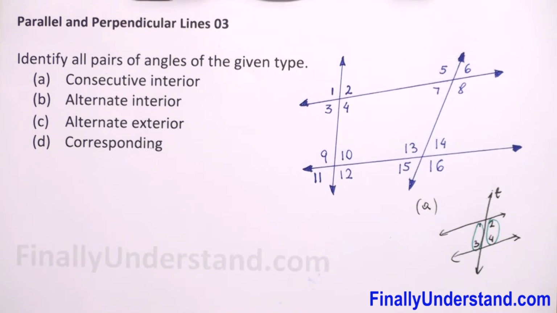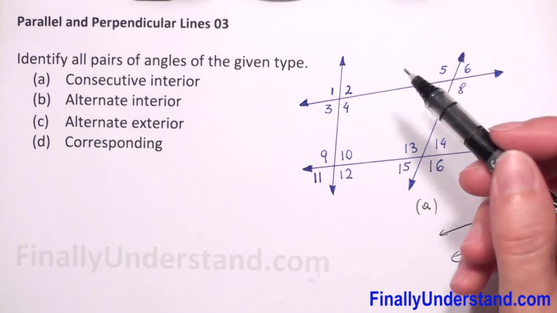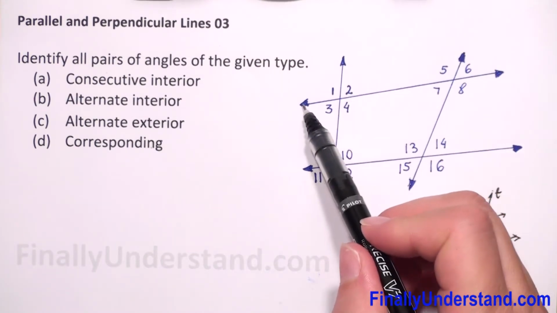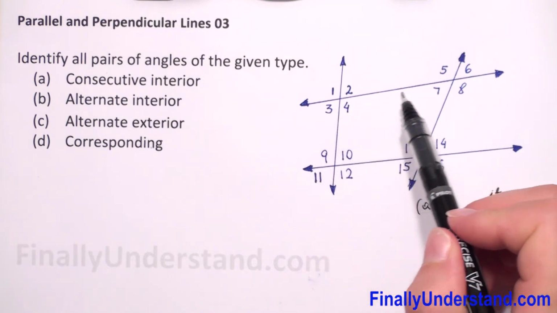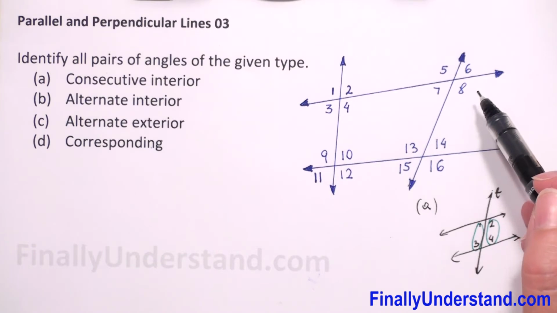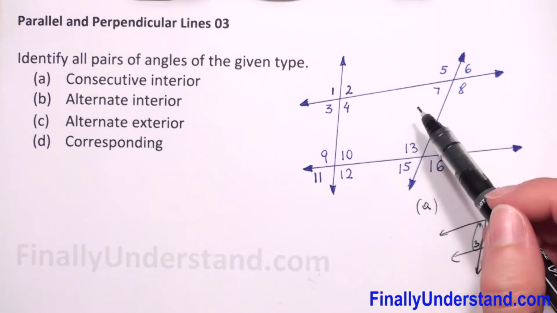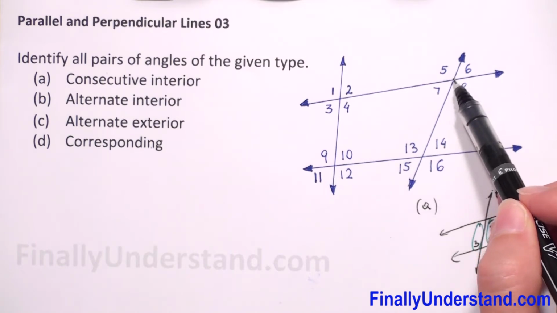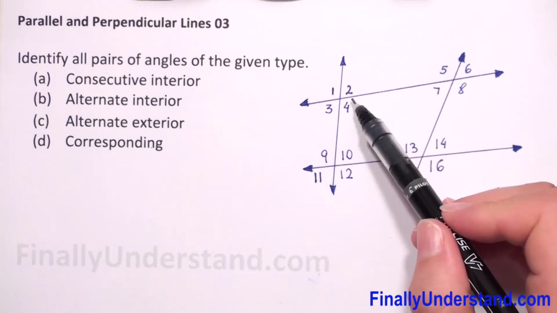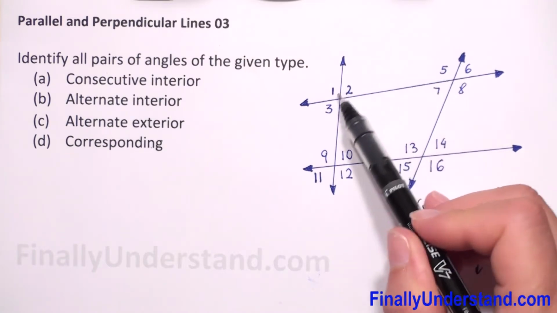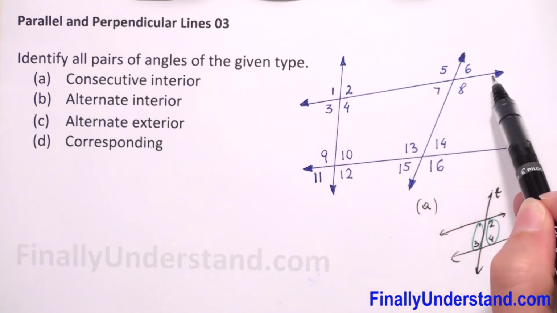So let's look at our diagram now. If we take this line and that, and this first, this is our transversal. So the consecutive interior angles will be the angles which are between these two lines and which are on the same side of our transversal.